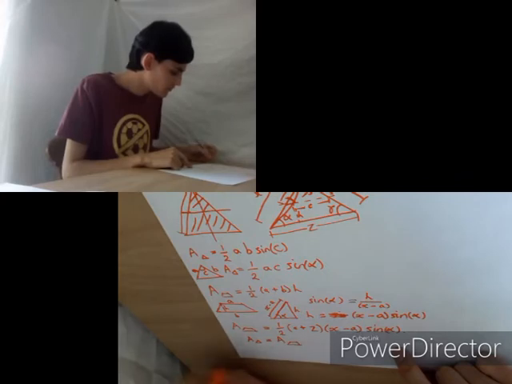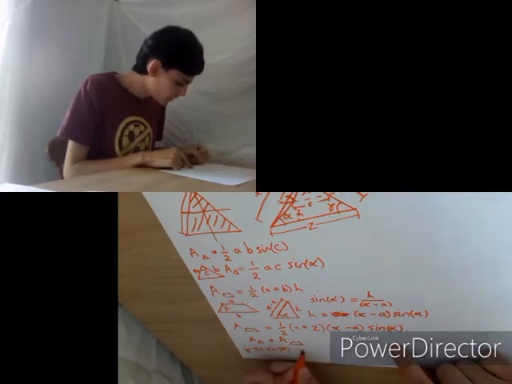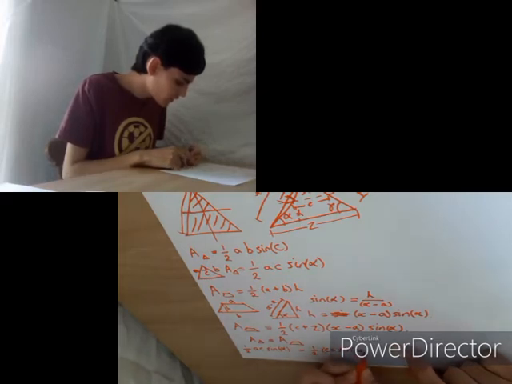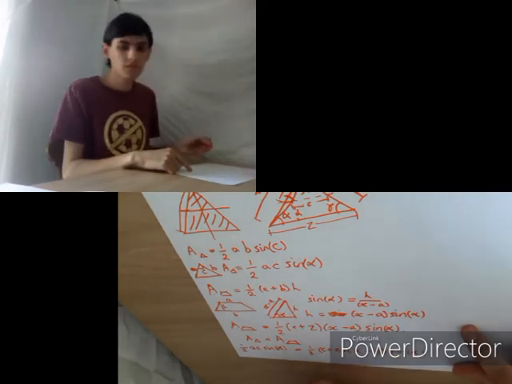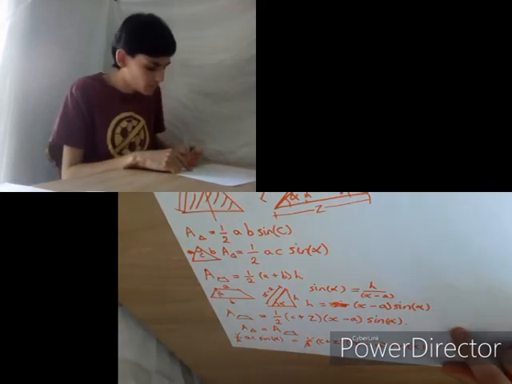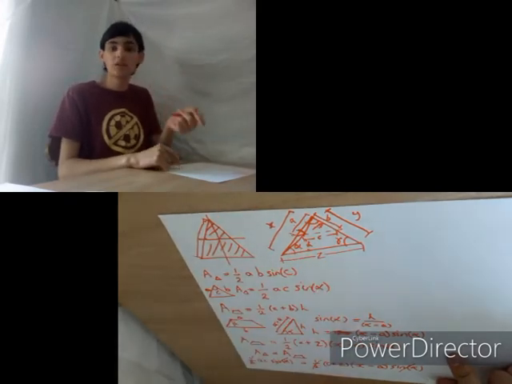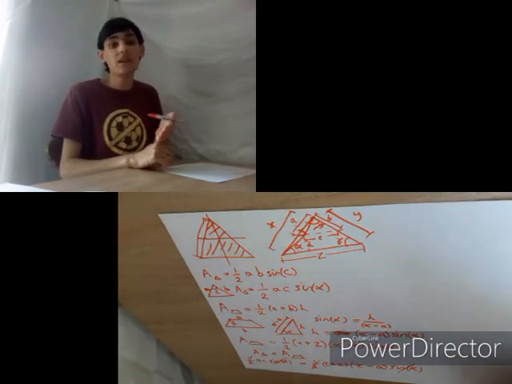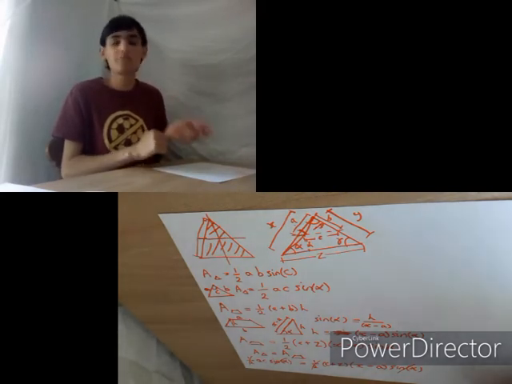Now we can equate these two areas, so the area of the triangle equals the area of the trapezium. Half AC sine alpha equals half C plus Z times X minus A sine alpha. We can cancel the halves, and we can also cancel the sine alphas because alpha, beta, and gamma are all between 0 and 180 degrees, so sine of those angles will never be 0.